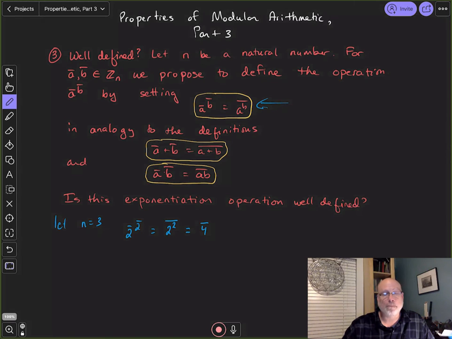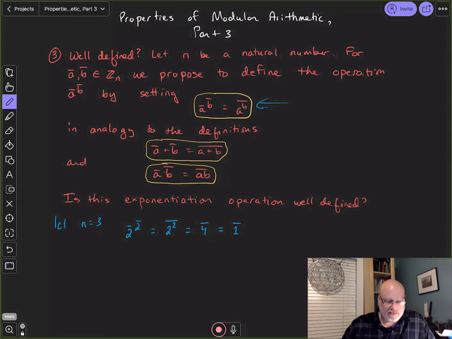There's nothing wrong with that, but let's go ahead and reduce it in terms of the modulus. The remainder when we divide by 3 is 1, so this is the same thing as 1 bar. Straightforward, seems to work.